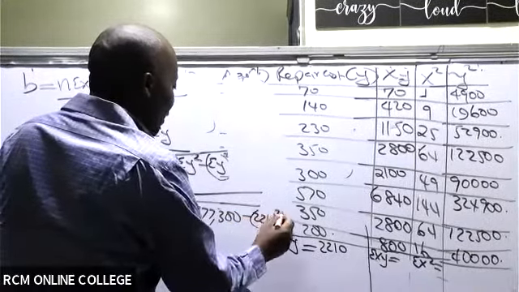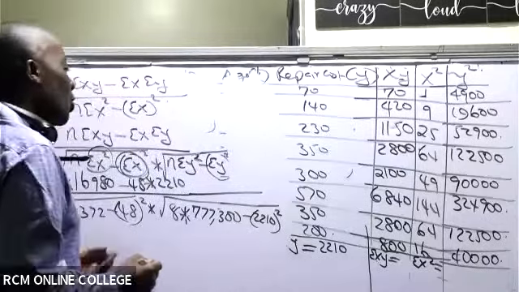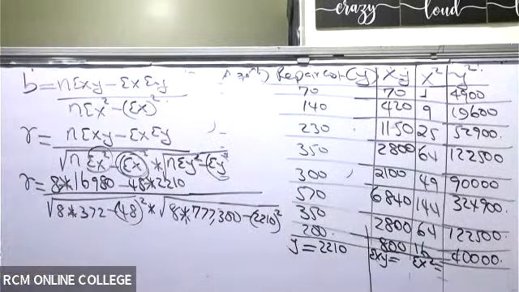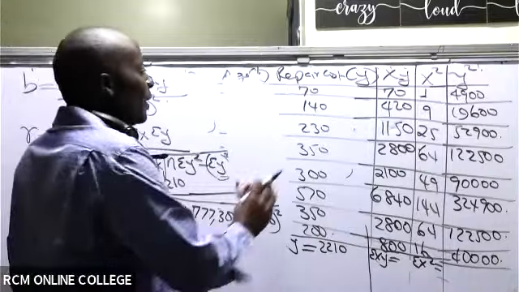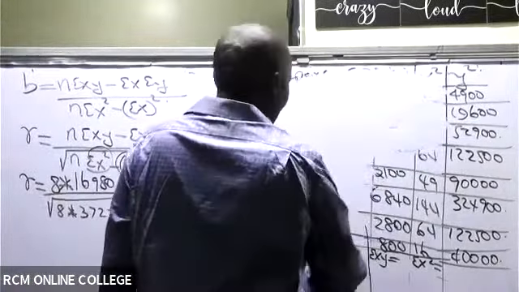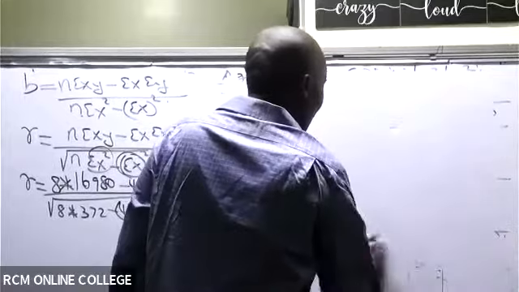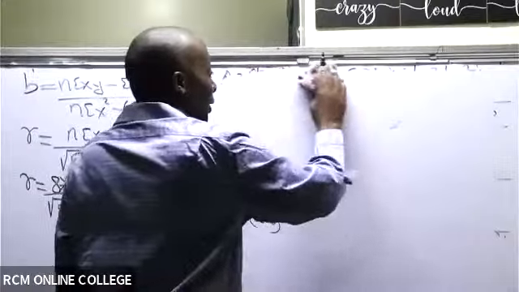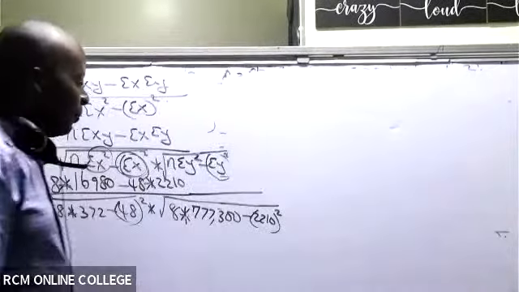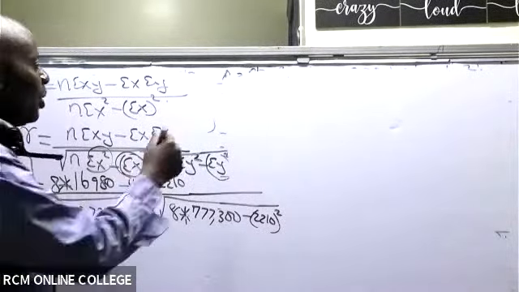Now you square this. It may look very big, but trust me, it's a very simple thing. So then my R will be equal to what?